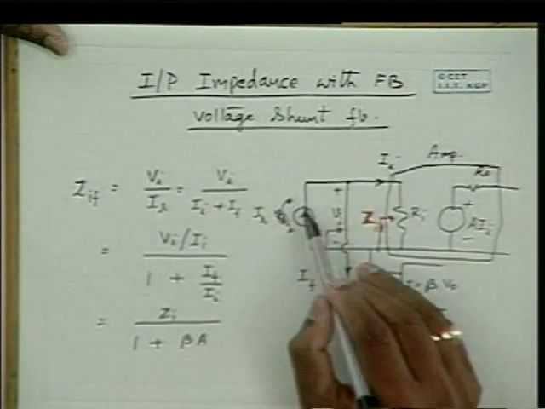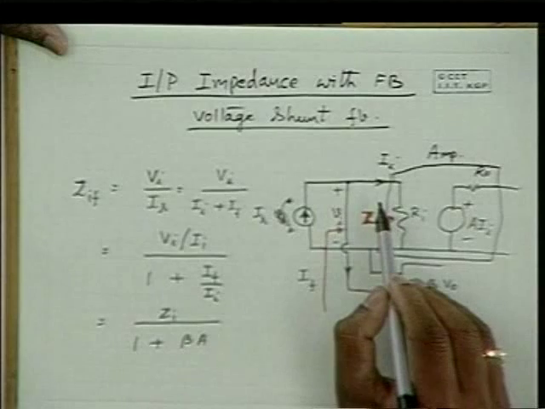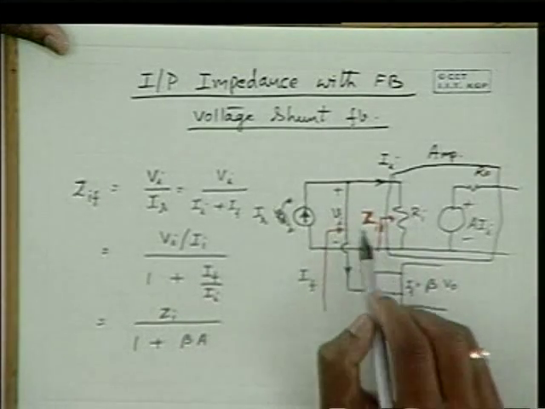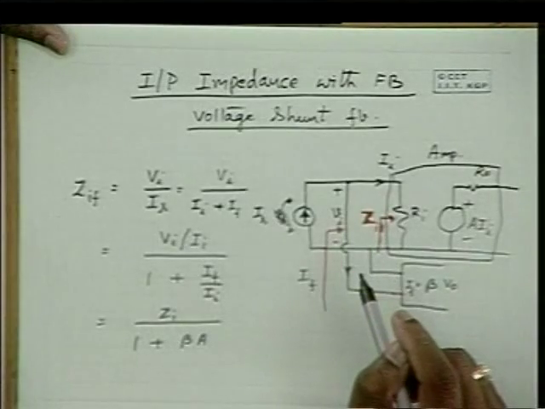Effectively, for the same input voltage the current drawn is more. Therefore, the input impedance is so low. In this particular example, it is 5 times lower than the input impedance of the amplifier without feedback.